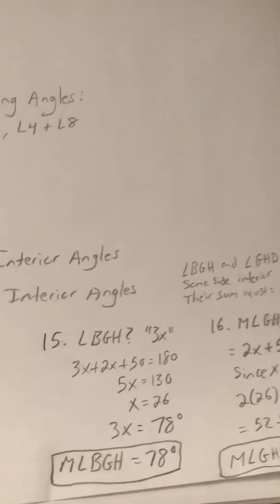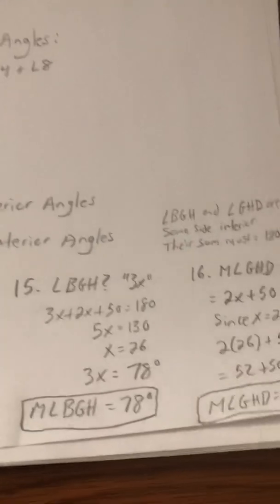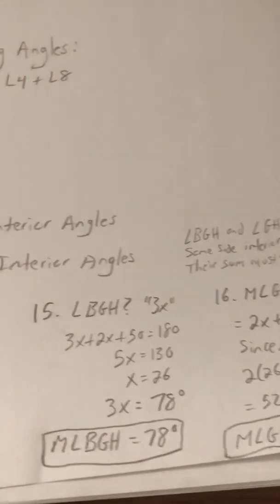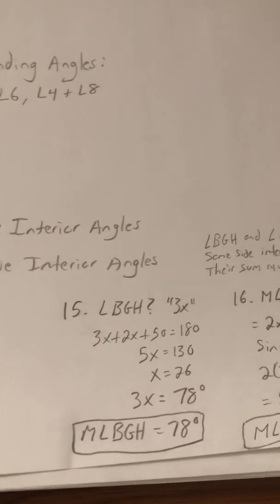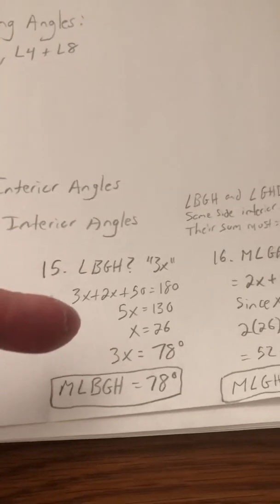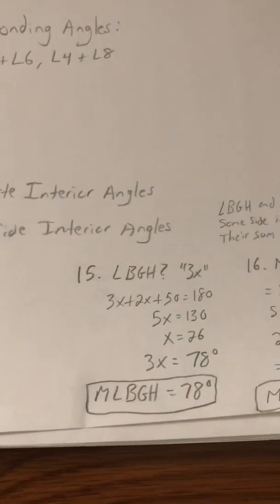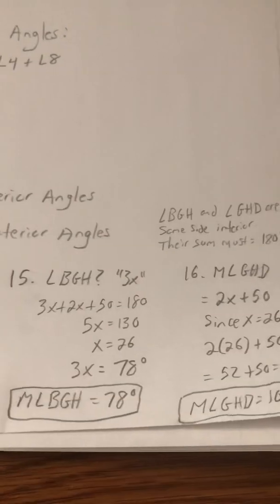We're going to solve for x, so you subtract 50 from both sides, combine like terms, and you end up getting x equals 26, and then you substitute 26 for x. So if x is 26, 3x is 78 degrees. So the measure of angle BGH is 78 degrees.